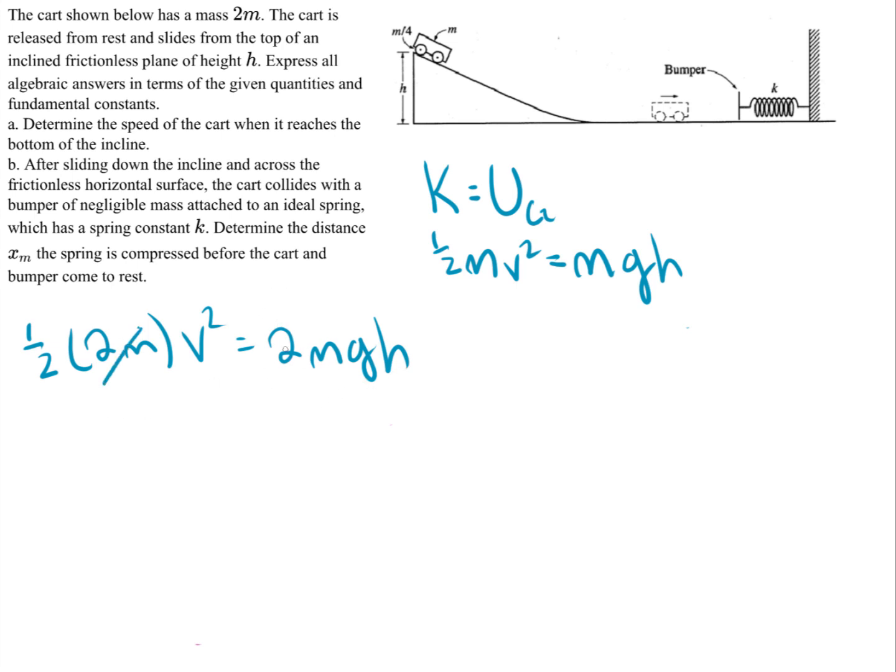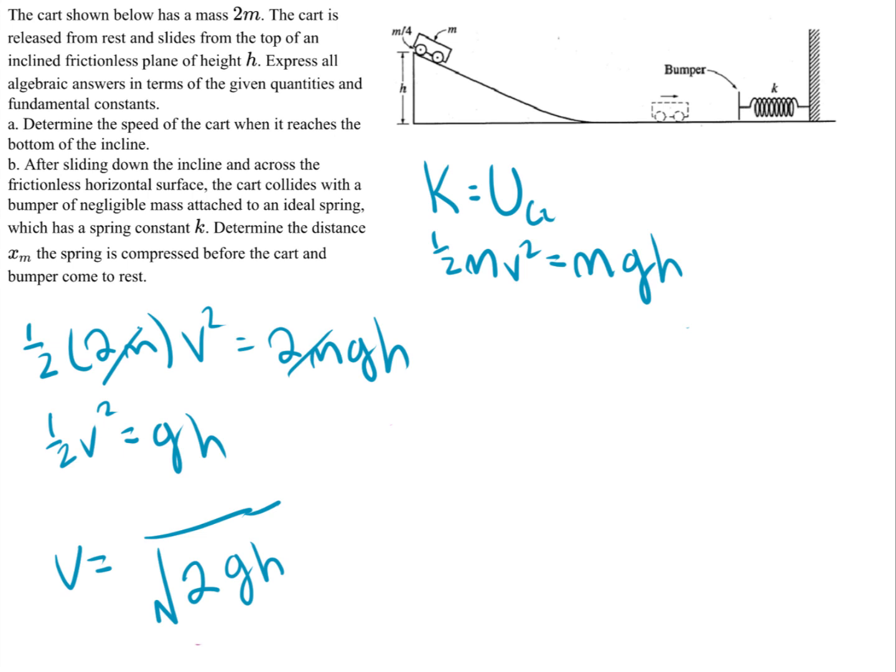And if you notice, the two m's cancel out, so 1/2 v squared equals gh. And we need to determine the speed of the cart when it reaches the bottom. So the velocity as it reaches the bottom is going to be equal to the square root of 2gh.